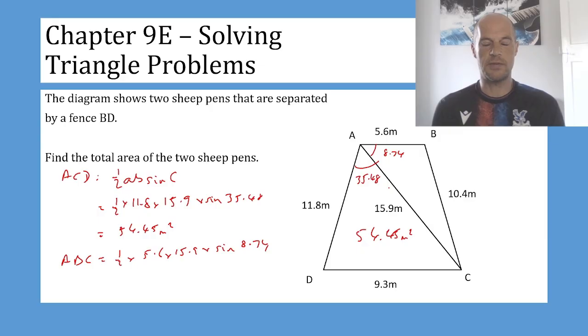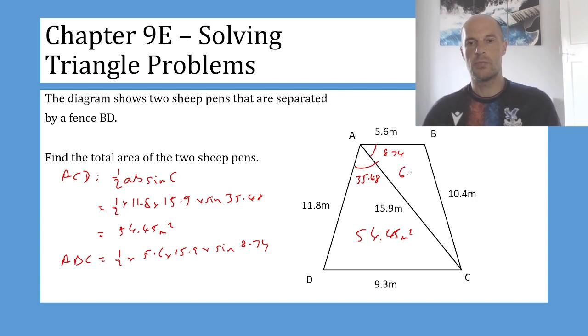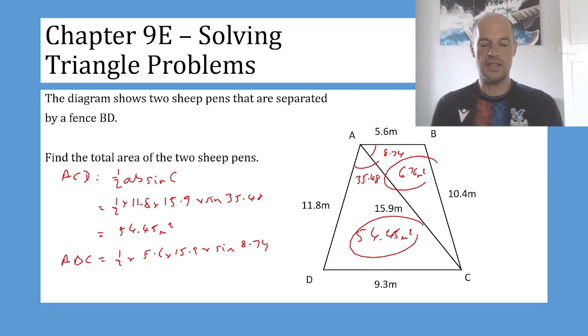That is 6.76 square meters. So the total area, just these two added together, easy peasy, 6.76 plus 54.45, is 61.21 square meters.